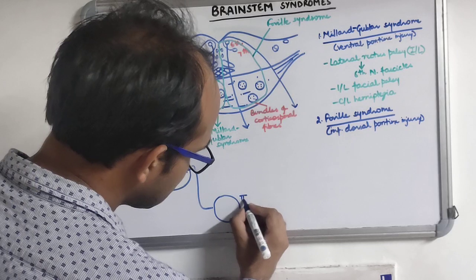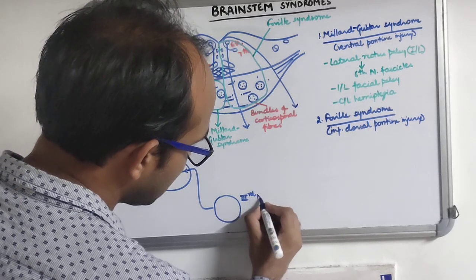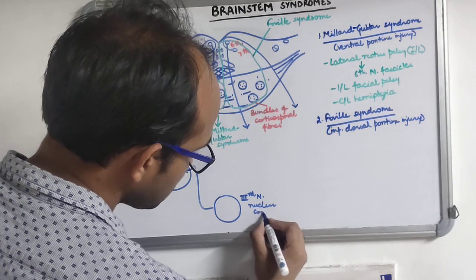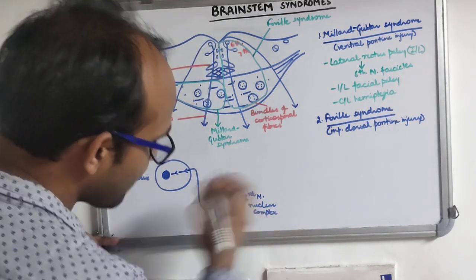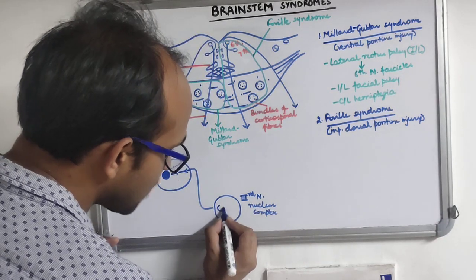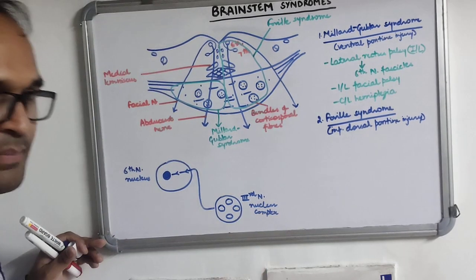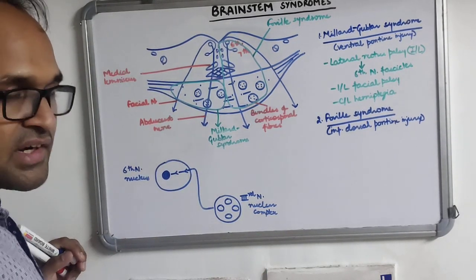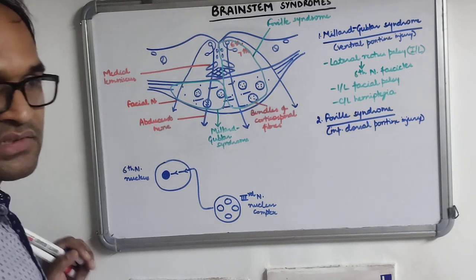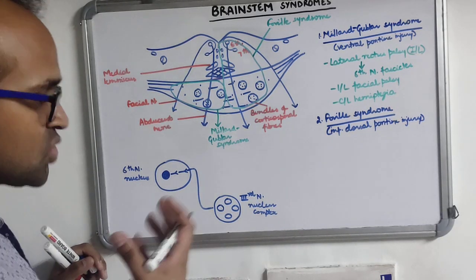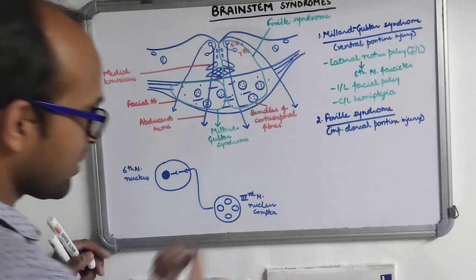This is the third nerve nuclear complex. Now in this third nerve nuclear complex, there is a subnucleus for each of the extraocular muscles it supplies, say inferior rectus, medial rectus, levator palpebrae superioris. So there is a subnucleus for each one of them.